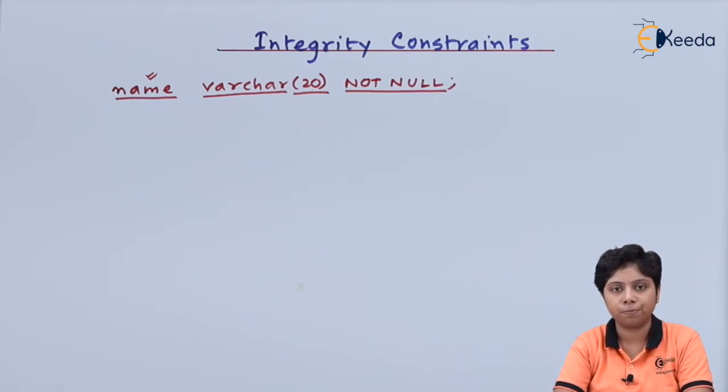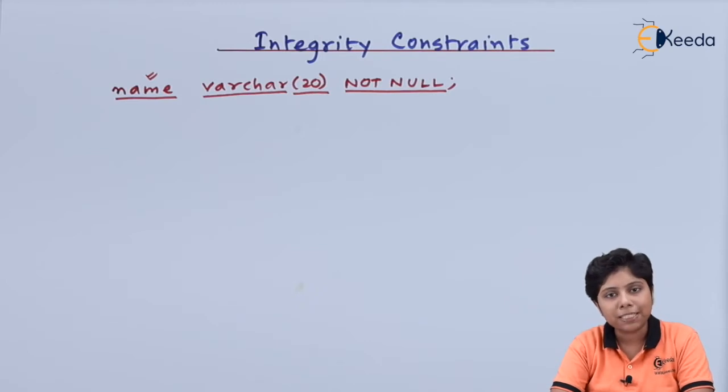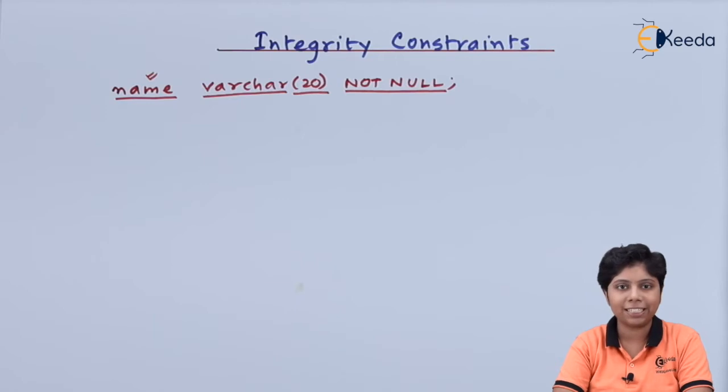So a constraint basically restricts the user from modifying or inserting data into a database in a way that violates that particular check. Next, we will move to the unique constraint.